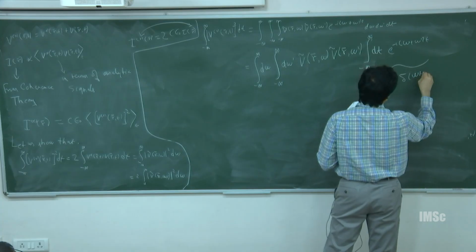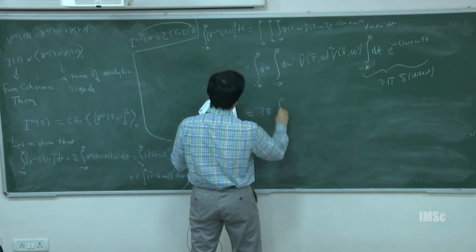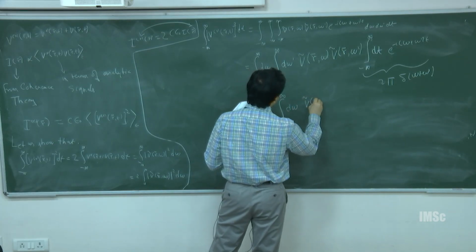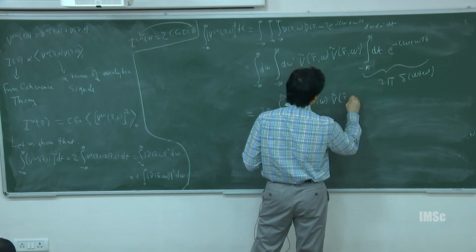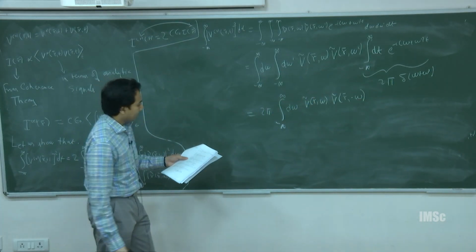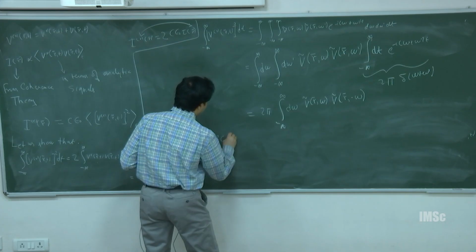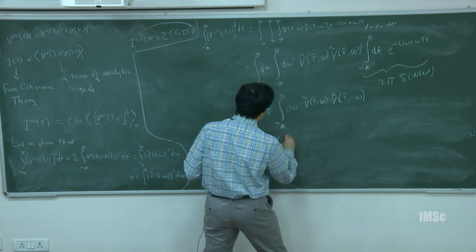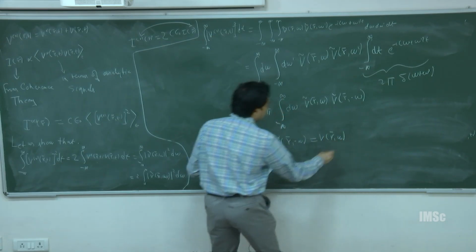So this gives us a delta function. So we just enforce the delta function here. So that gives us V of R, omega. That's what we have, right? Now, please note, recall that we conjugate, because it's what we saw.